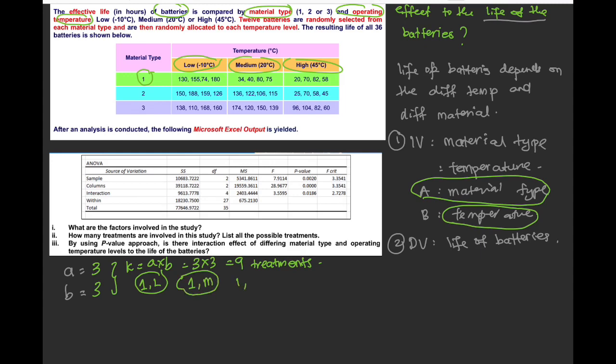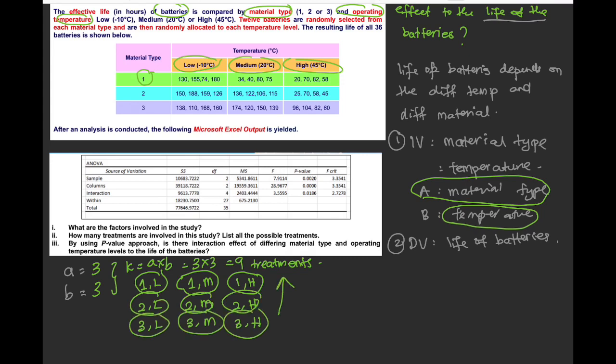Material type 1, temperature high. Okay, material type 2, low, medium, high. Material type 3, low, medium, high. So you get 1, 2, 3, 4, 5, 6, 7, 8, 9 treatments.